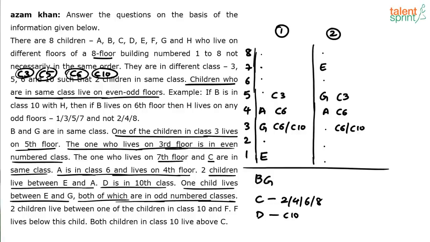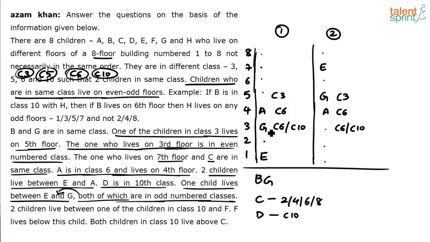E and G both will be in odd number classes. So according to this, G is in class 3, which is fine. If G comes out to be class 4, class 6 or class 10, then we could have eliminated this case. But now we cannot do anything. Look at case number 1. Case number 1 gets eliminated. Why? He says both of which are in odd numbered classes, meaning both E and G should be in odd number classes.